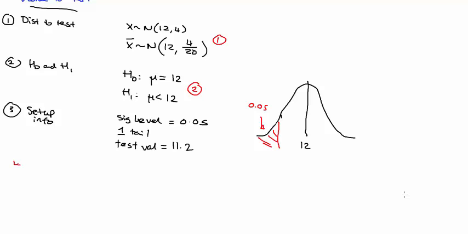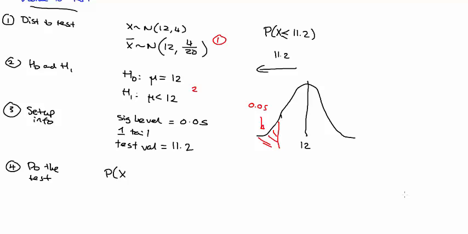So number 4 is we're going to do the test. The way to do this test is we're going to look for the probability. Because we're on the lower side, we know that 11.2 is going to be on that. So we're going to find out what the probability of less than 11.2 is.